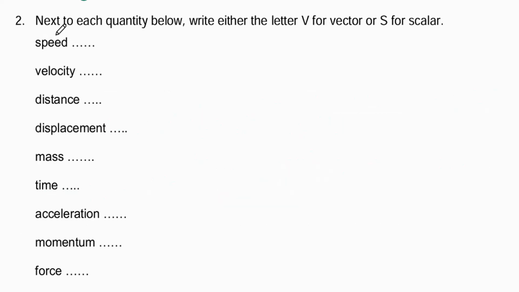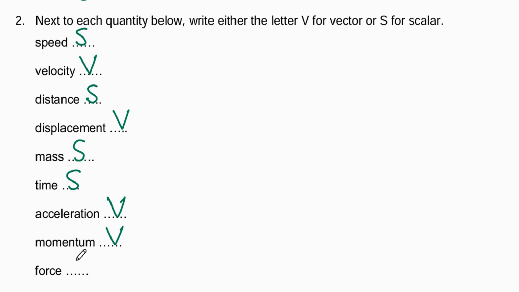Then in question 2 it says, next to each quantity below, write either the letter V for vector or S for scalar. Now, speed is a scalar, it has magnitude only. Velocity is a vector, so V, it has both magnitude and direction. Distance is a scalar, displacement is a vector, mass is a scalar, time is a scalar, acceleration is a vector, it's got both magnitude and direction.